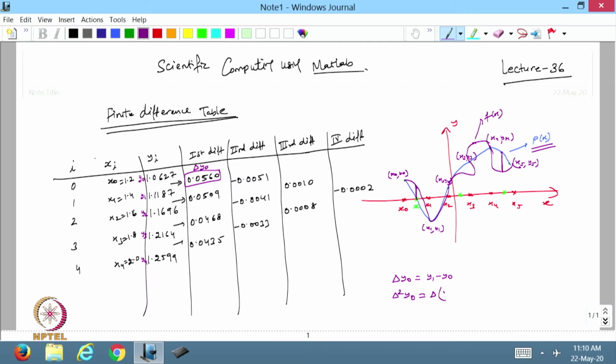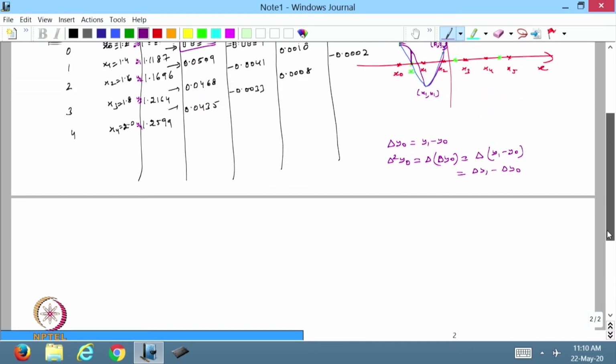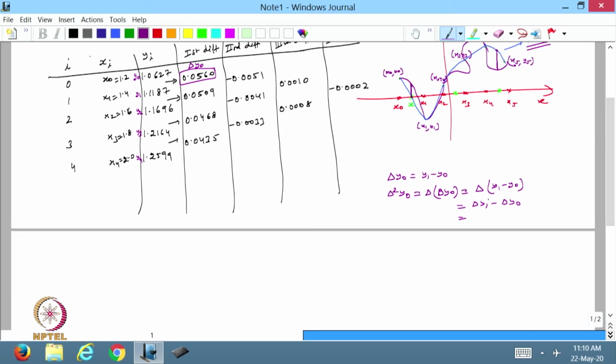So, I can write y1 minus y0, and from here I can write y1 minus the forward operator, and using this, I have taken this value minus this value.